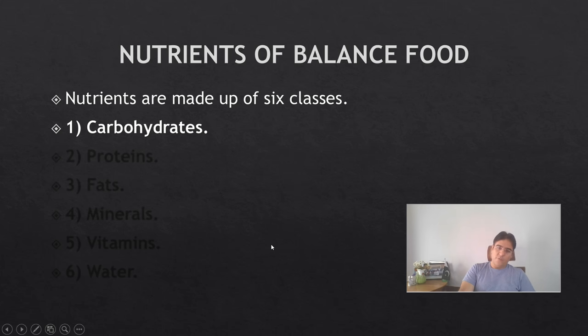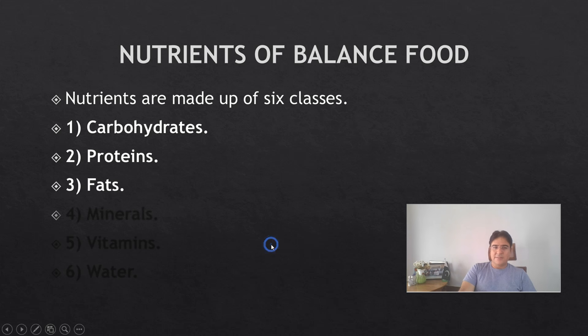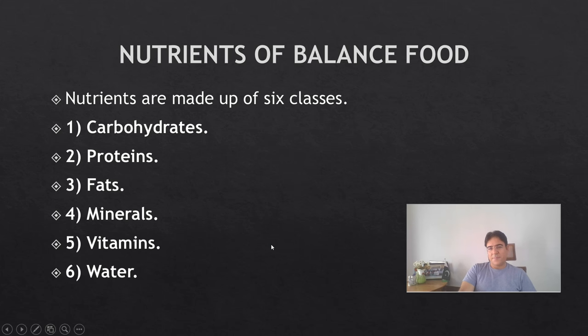Carbohydrate is number one. And then we need proteins, fats, minerals, vitamins, and water. These are basically the six nutrients that must be taken from the food.